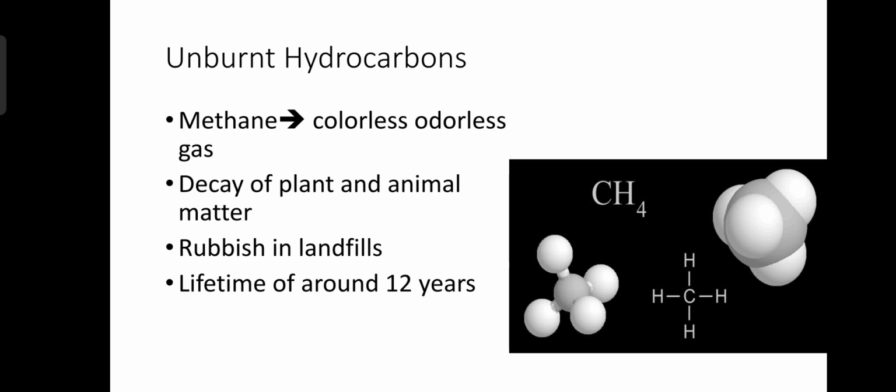Methane is also produced from the decay of rubbish in landfills. The lifetime of methane as an air pollutant is about 12 years, compared to carbon dioxide, which has a lifetime of about 1000 years.